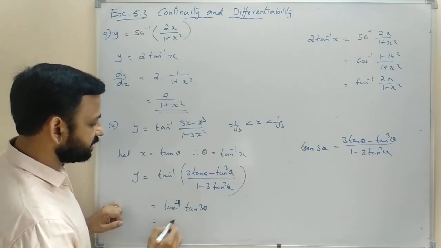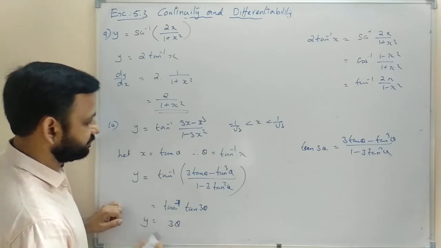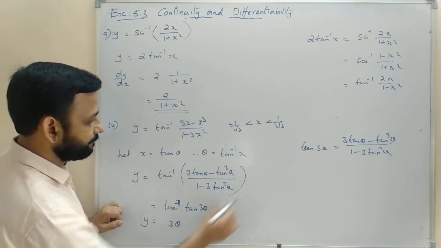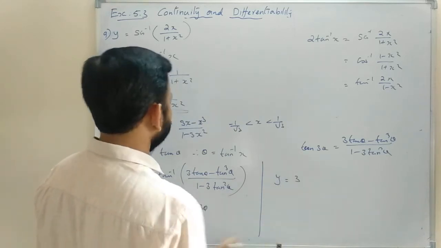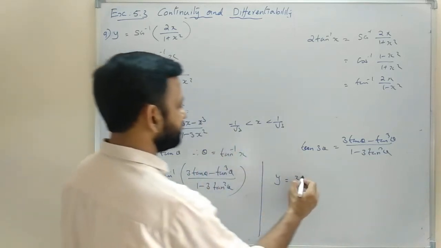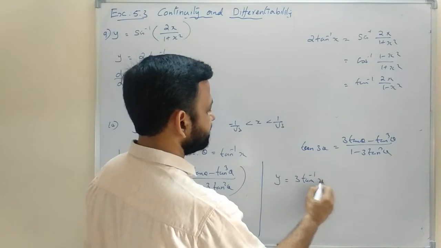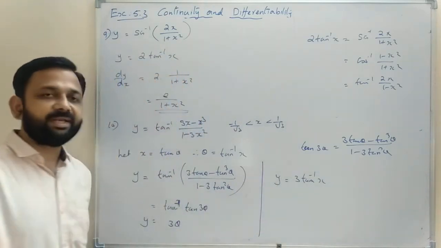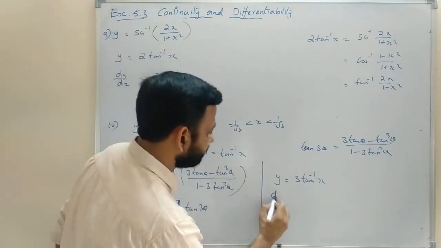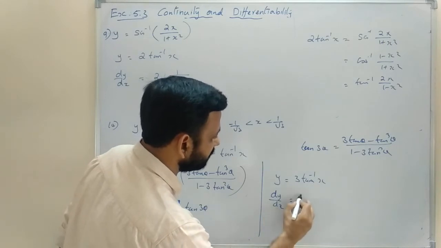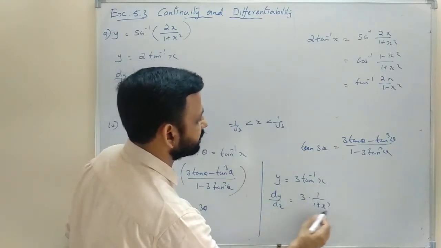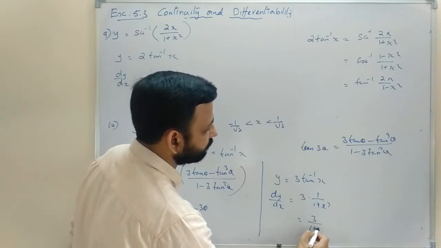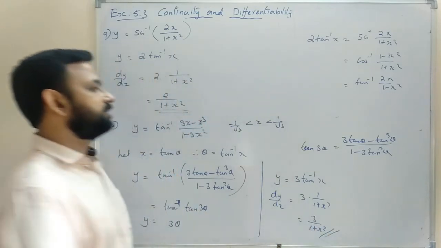Tan inverse tan 3 theta is equal to 3 theta. So y is equal to 3 into, then theta can be replaced by tan inverse x. Now we can find dy by dx. Therefore dy by dx is equal to 3 into derivative of tan inverse x, 1 upon 1 plus x square. So the answer is 3 upon 1 plus x square. So we got the answer.